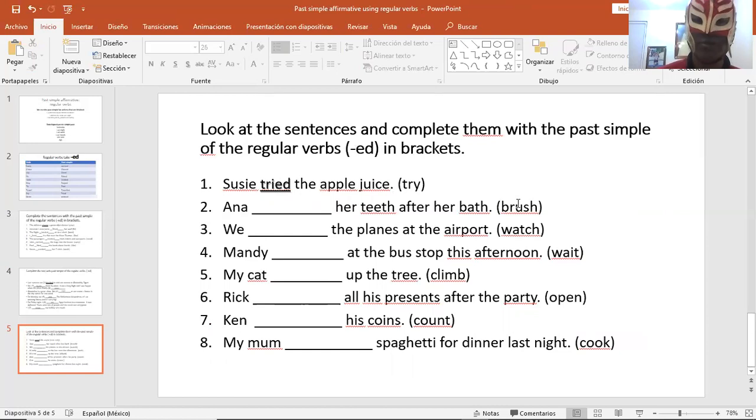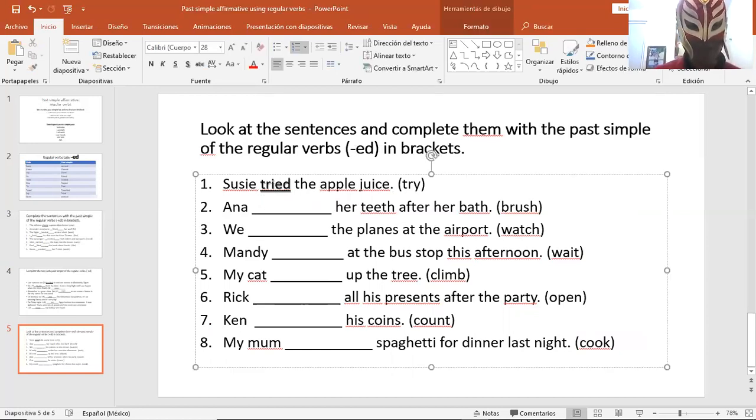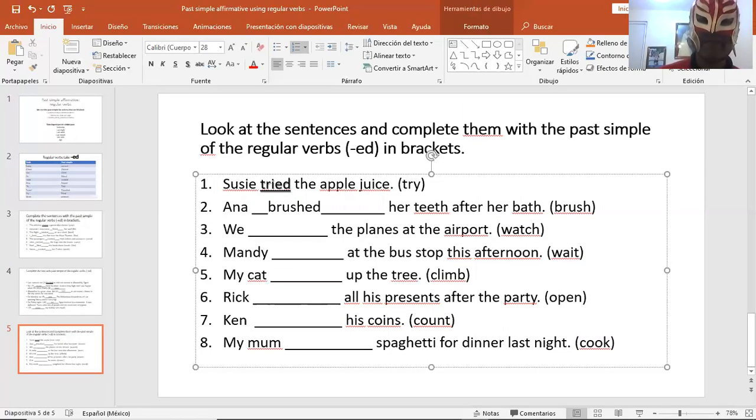Number 2, the verb is brush, cepillar, brush. You have to write brush in past simple. What is the past simple of brush? Brush is a regular verb, so it's brushed, okay? Anna brushed her teeth after her bath. Number 3, the verb is watch. What is the past simple of watch?